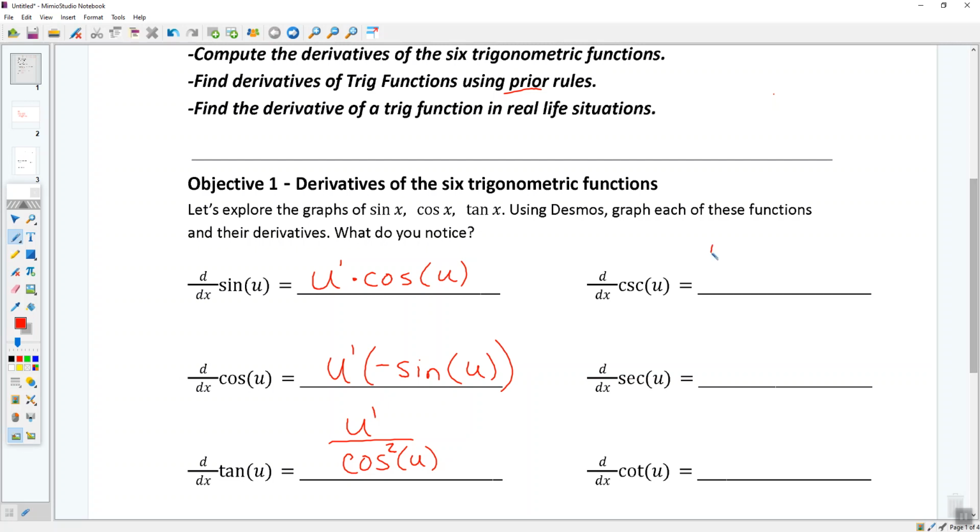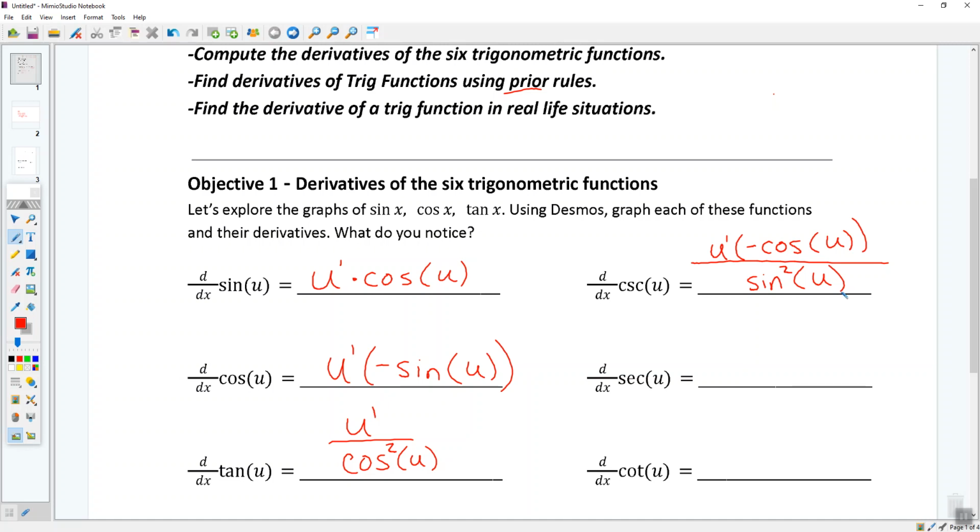We're gonna write this as u prime times negative cosine of u over sine squared of u. Okay, make sure you've got that down the way I have it.